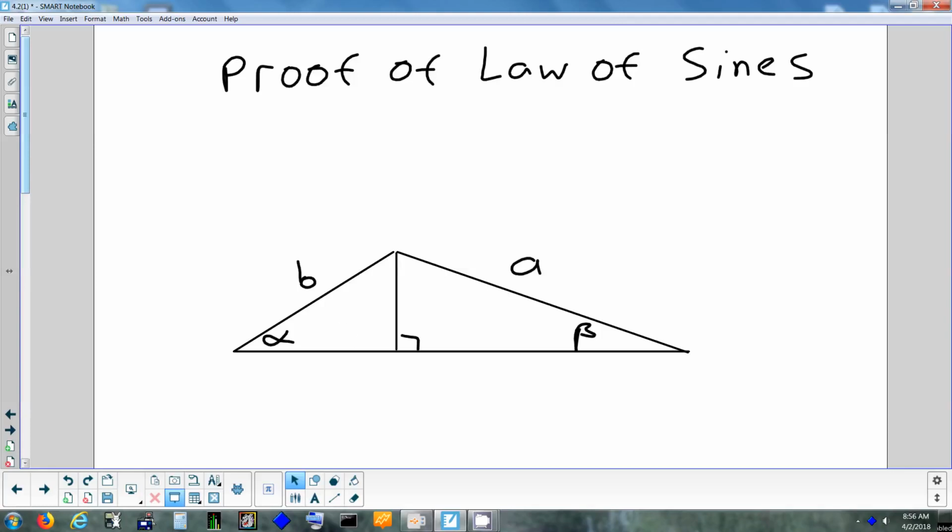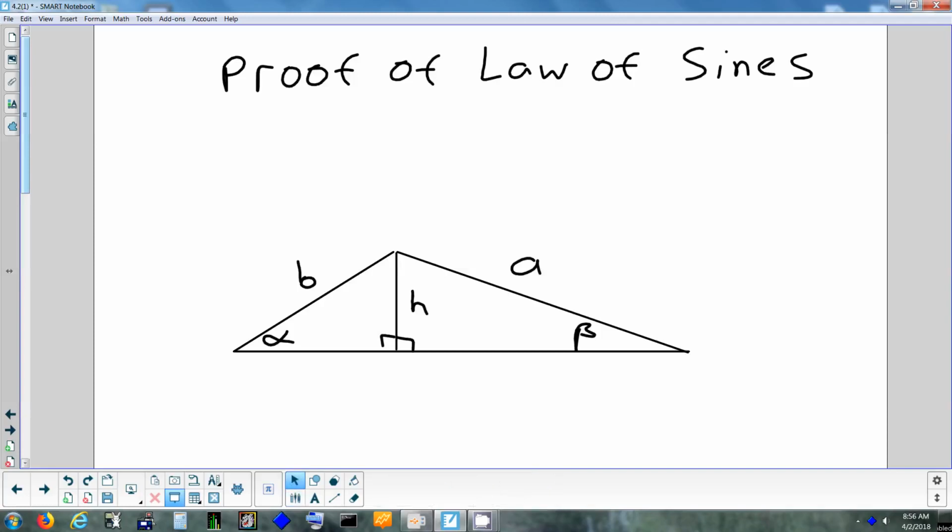Okay? And that's a 90-degree angle, which also means that's a 90. Okay. Any questions on what we've done so far? Since that's the height, I'm going to call it H. H could be confused with hypotenuse, but just remember H in this case stands for the height.